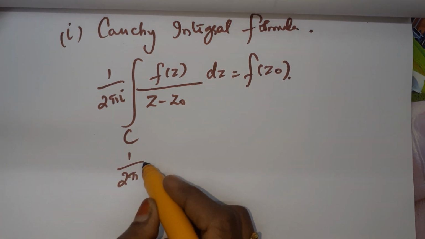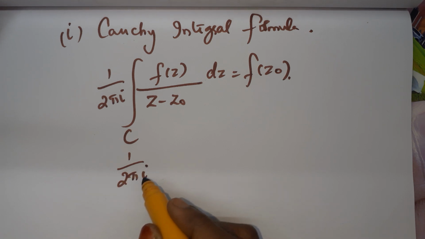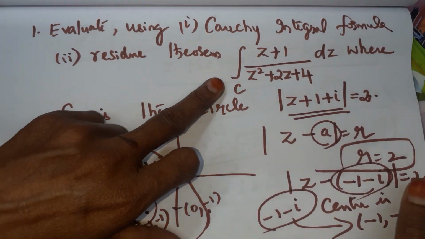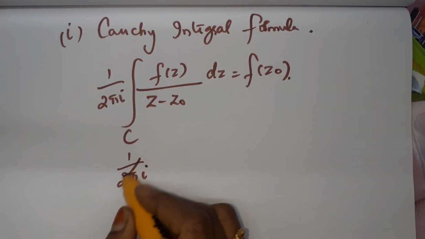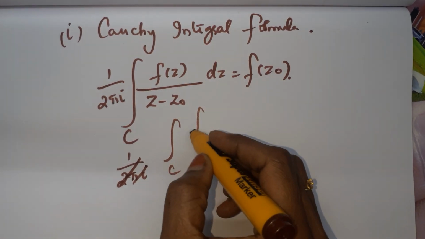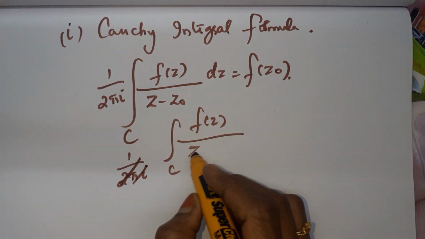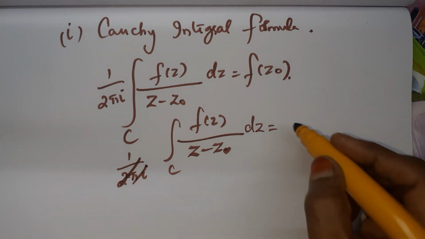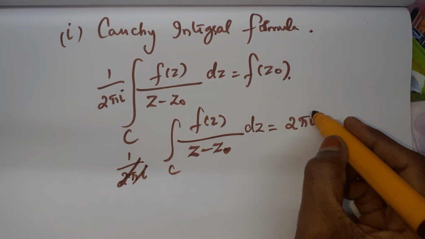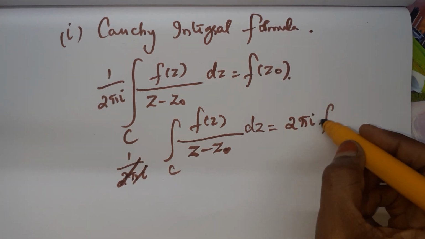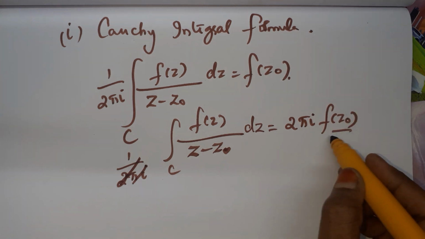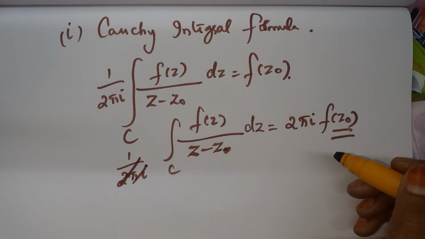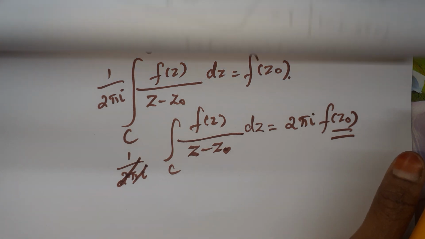Actually 1 by 2 pi i is not in the problem, so we can multiply 1 by 2 pi i to the other side: integral over c of f of z by z minus z naught dz equals 2 pi i f of z naught. The pole you are going to calculate with is what we take as z naught.